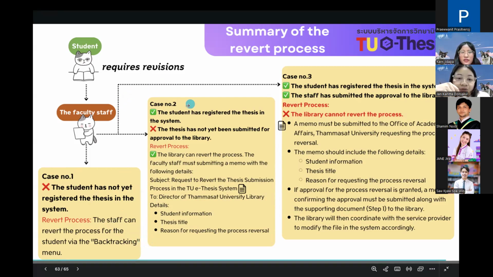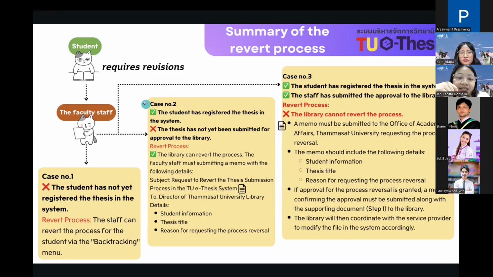Case 2, if you already registered the thesis into the system, but the library staff has not received the approval pages, you have to contact the faculty staff to write a memorandum to the library staff to revert the process.